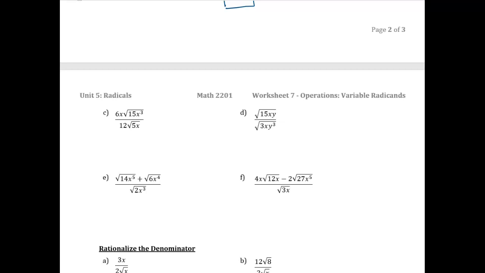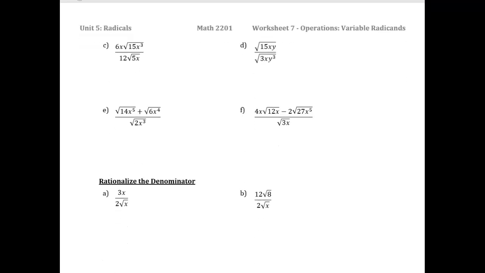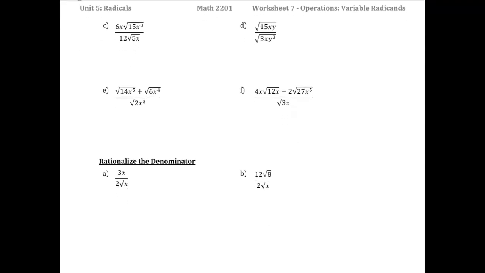Alright, I'm not going to do the other ones there because they're very similar to what we've done with the regular division. You just need to keep in mind when you're dealing with the exponents on your variable.